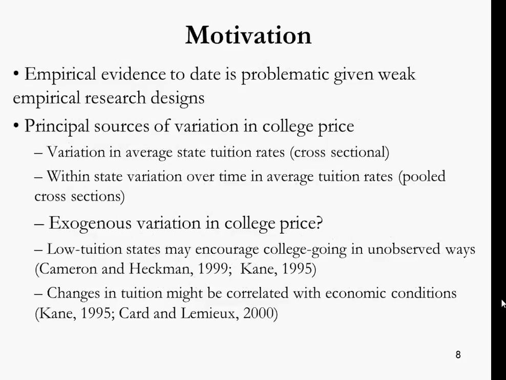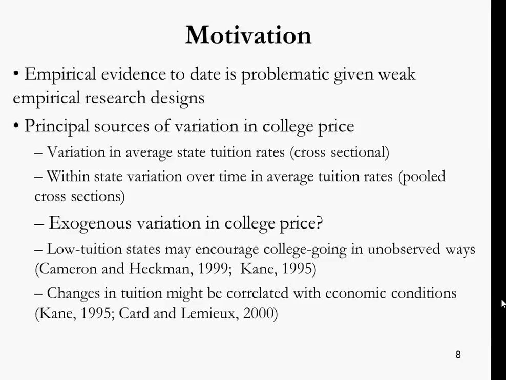Now, there's been research over the decades looking at the effect of tuition rates. And the various types of research have had some design problems, essentially in what sources of variation they're using to identify the effect of college price on enrollment.